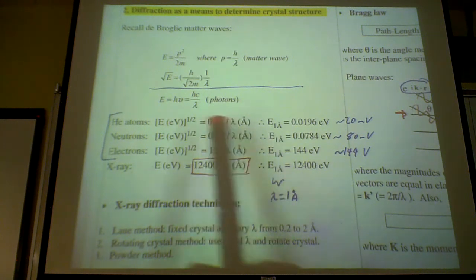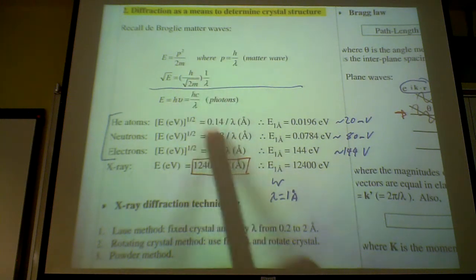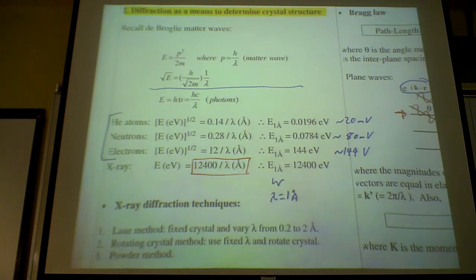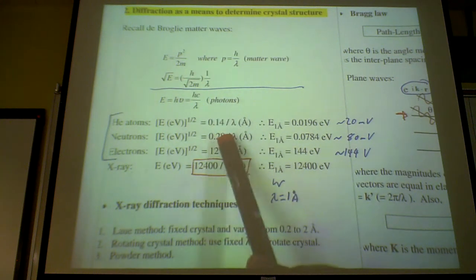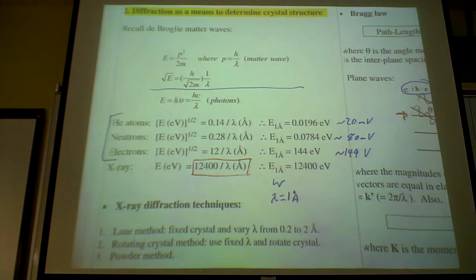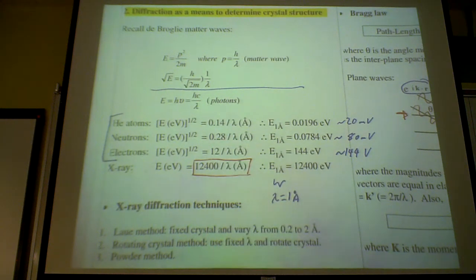So you punch in the appropriate number. Here you're using the mass of the neutron in this expression, and you end up with about 0.28 or so.